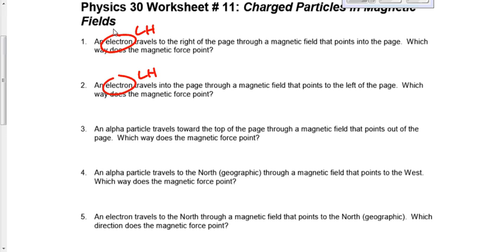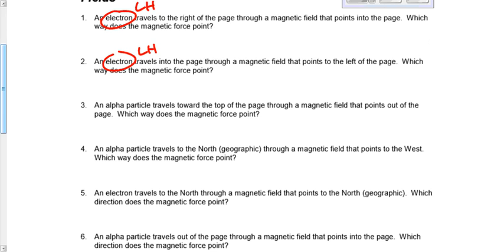Number 3, an alpha particle travels toward the top of the page, positive, right-hand rule. Magnetic field that points out of the page. They're perpendicular, we can use the hand rule. Alpha particle toward the top of the page, magnetic field out of the page, palm points which way? To the right. Yeah.